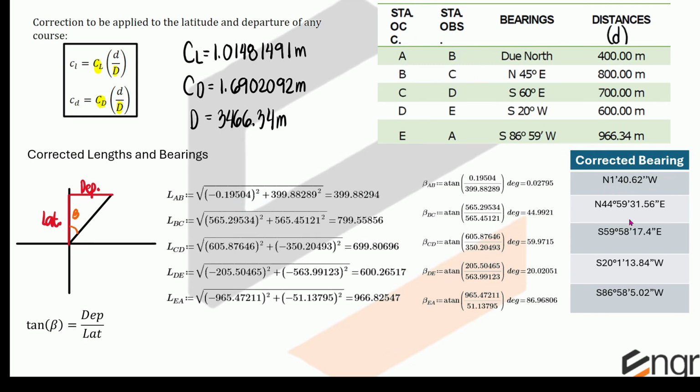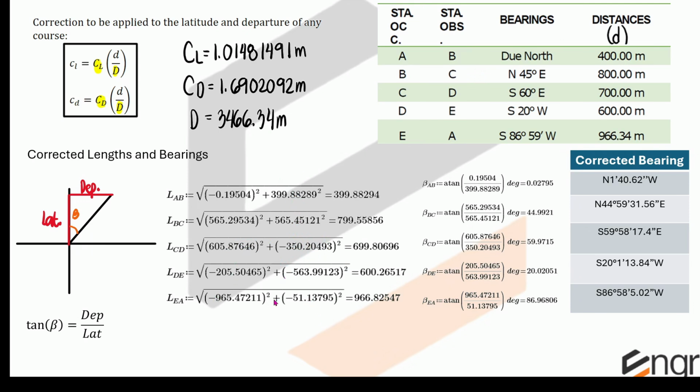For line BC, we still have the same direction, north 44 degrees 59 minutes east, since even with the corrections, they still belong to the same quadrant. If you check the values, these are both positive, still on the first quadrant, so northeast. And for CD, this is positive, this is negative, so southeast. This corresponds to east, and this corresponds to south, because the second values are the latitudes.